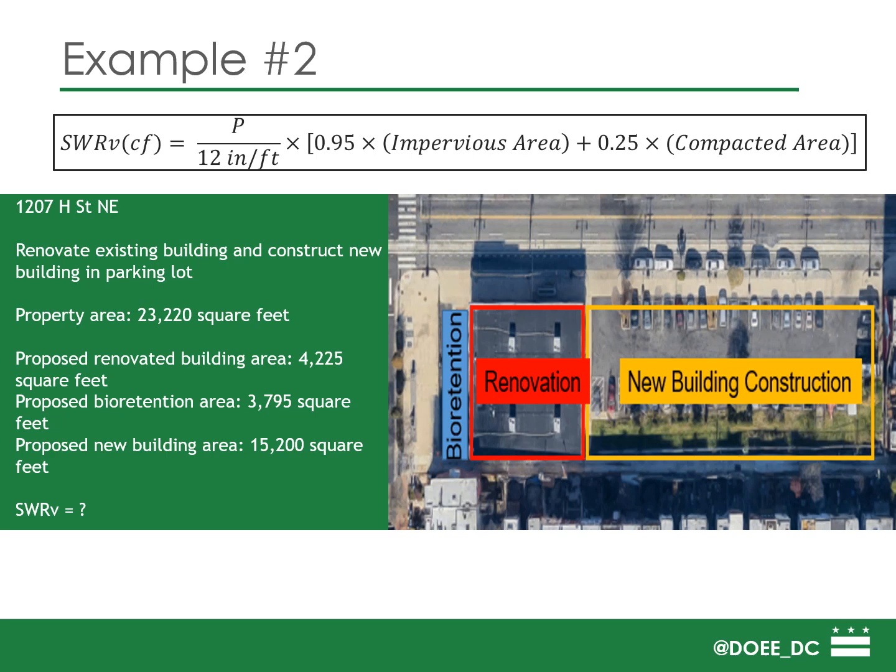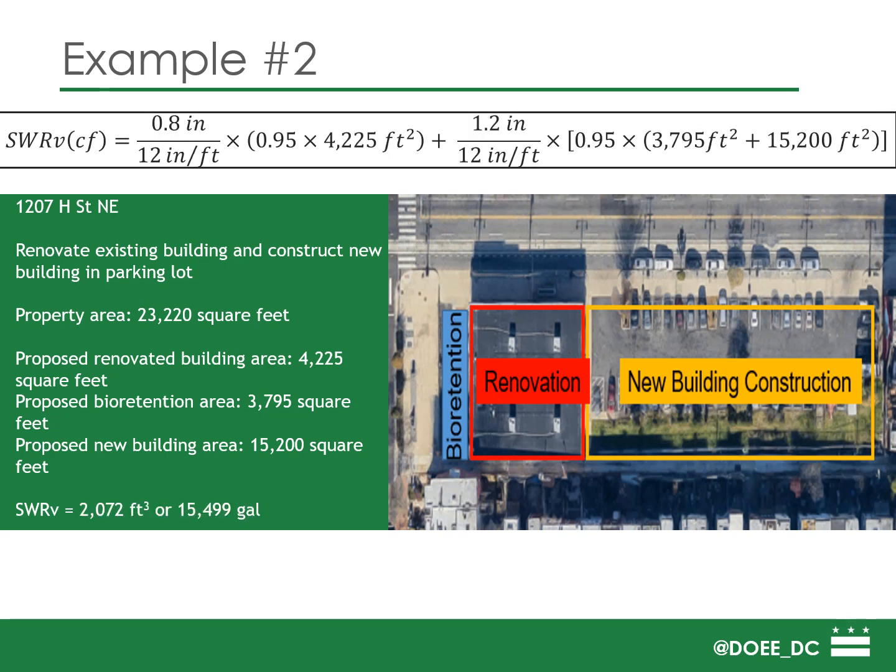And we can see that the combined footprint of the 15,200 square feet of new building area and the 3,795 square feet of proposed bioretention area exceed the 5,000 square feet threshold to constitute a major land disturbance. So the precipitation depth for those areas is going to be 1.2 inches, whereas we have this existing building that's going to be renovated at the major substantial improvement precipitation depth of 0.8.